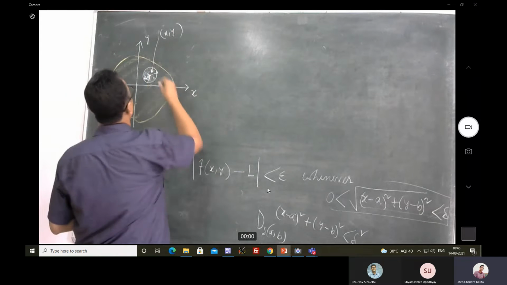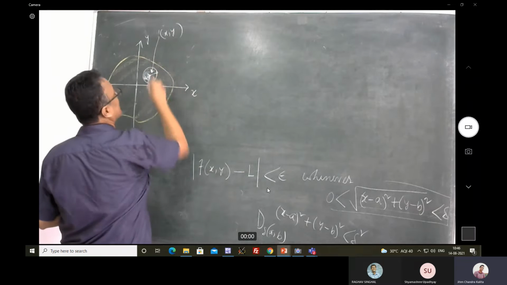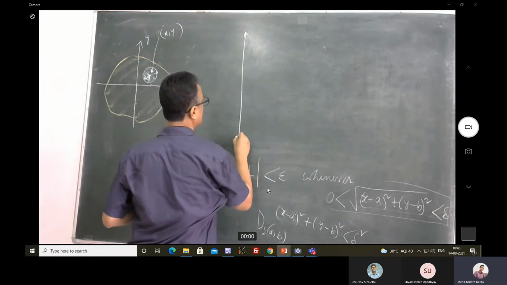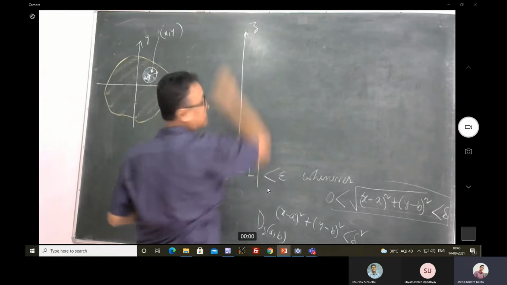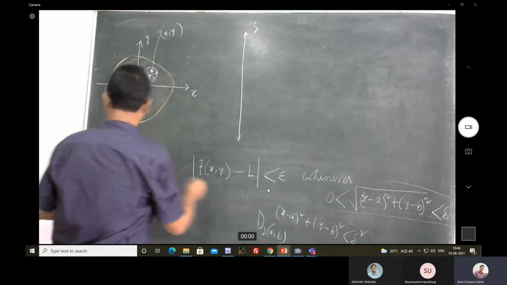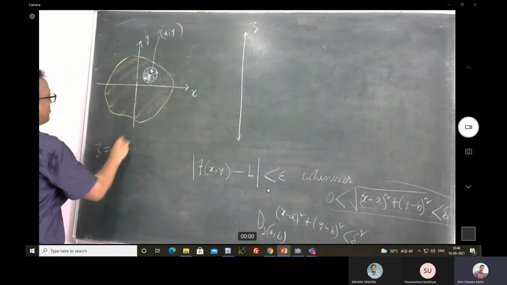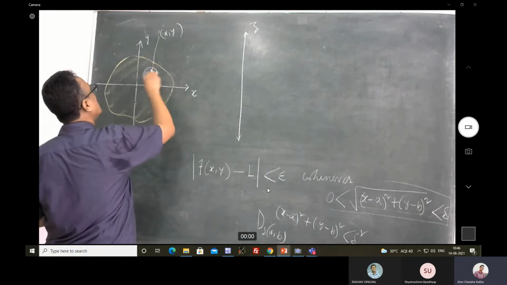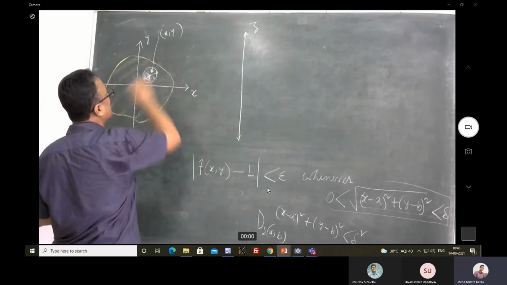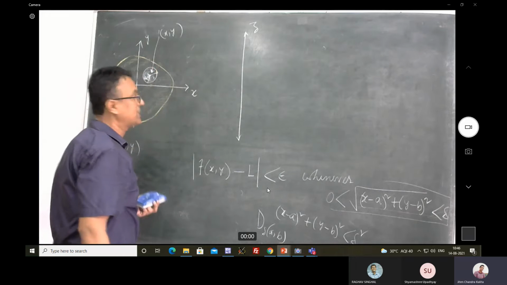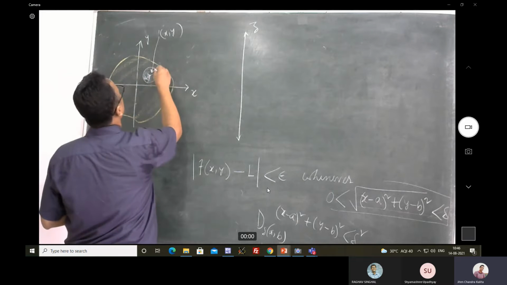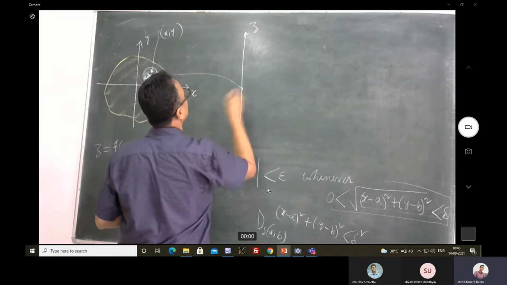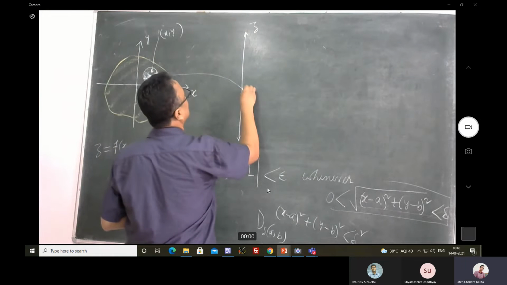If this is my z-axis, and I take z to be equal to f of xy, then for all xy lying here, what must happen?